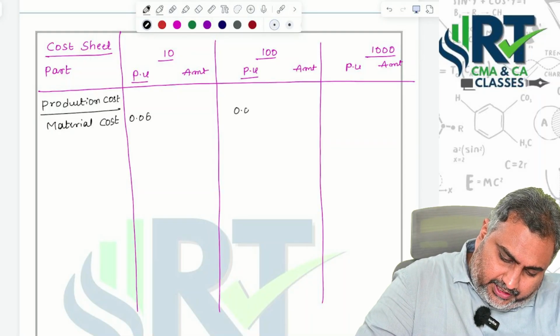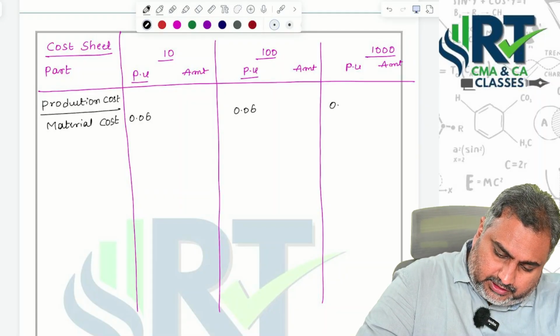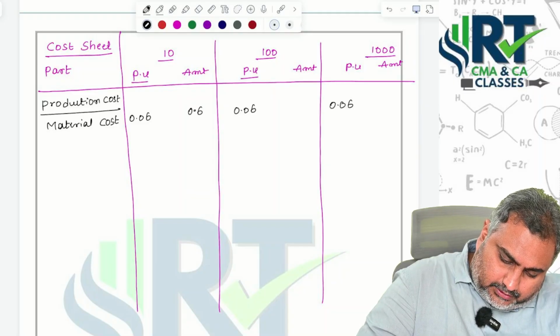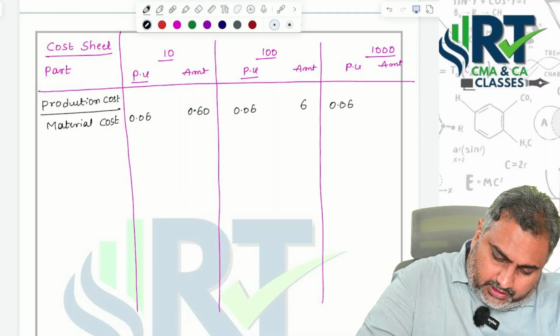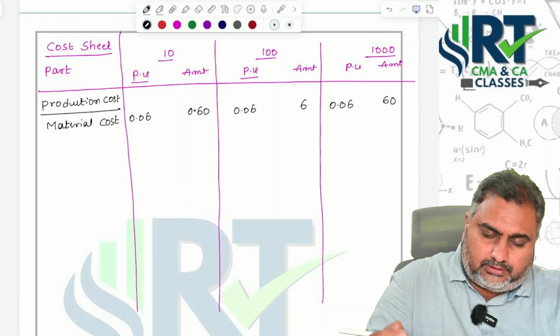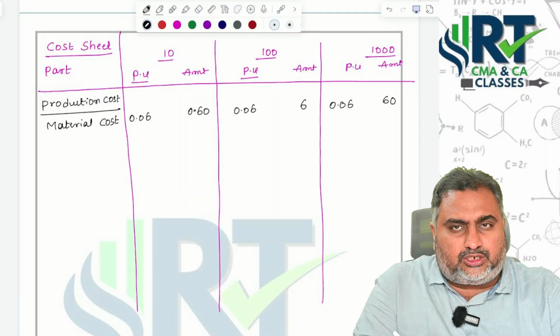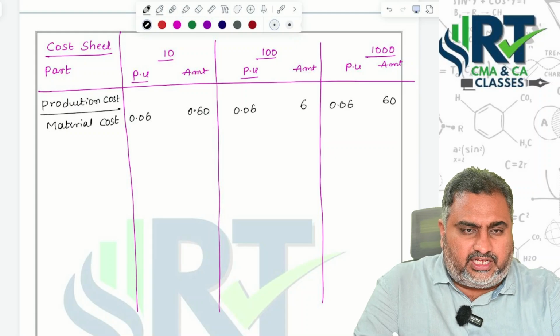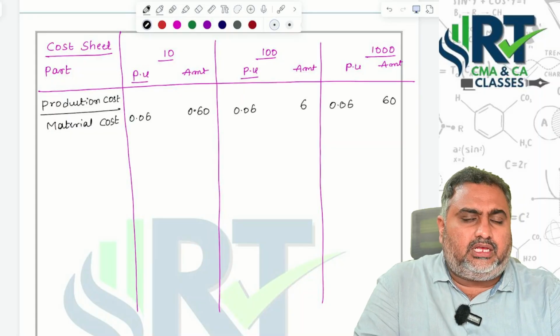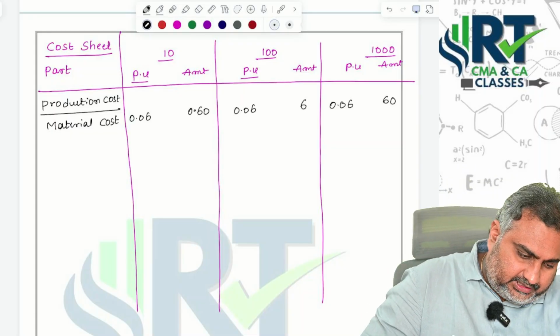So per unit is 6 paisa in all the situations. How many units? 10 units, that is equal to 60 paisa. 100 units, that is equal to 6 rupees. 1000 units, that is equal to 60 rupees. Because each component is 6 paisa, 10 components 60 paisa, 100 components 6 rupees, 1000 components 60 rupees.